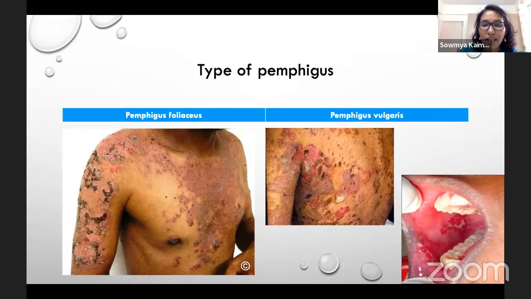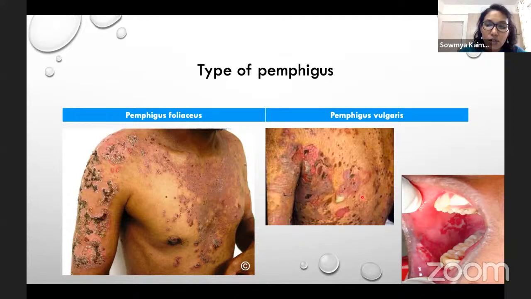Whereas in pemphigus vulgaris, similar to the pictures that Dr. Ishwar showed you earlier, is a much more severe blistering disease. So here you can see this little yellow thing here is actually a bulla filled with pus. So you have these kinds of flaccid, thin-walled bullae and vesicles, which break down to leave behind large raw areas of denuded skin.